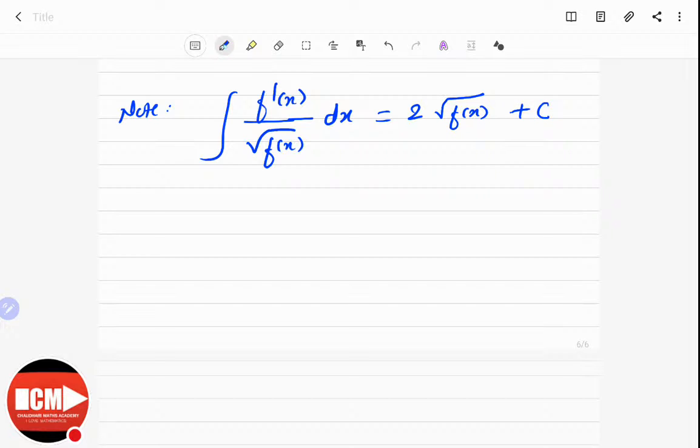Let me explain this with a simple example. Here I am mentioning an integration with cos x in the numerator, but sin x in the denominator with the square root. I hope every one of you got this corollary. Please send me your final answer for this question. It's an integration of cos x divided by under root sin x.